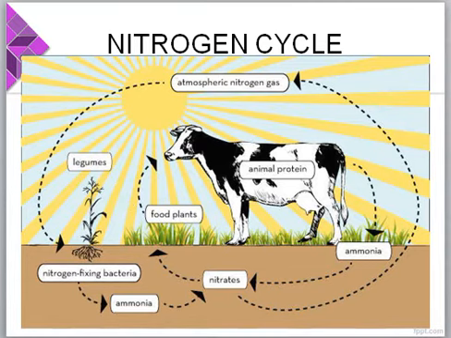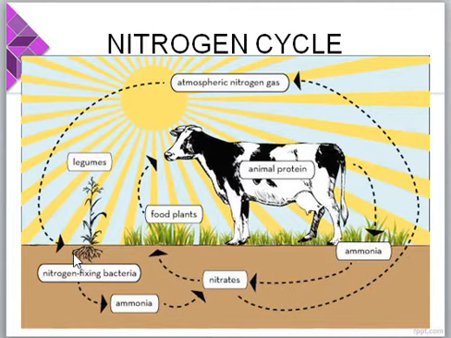Most leguminous plants have a symbiotic relationship with these nitrogen fixing bacteria. In leguminous plants, notice that in their roots there are nodules, and in those nodules there are nitrogen fixing bacteria. All leguminous plants.